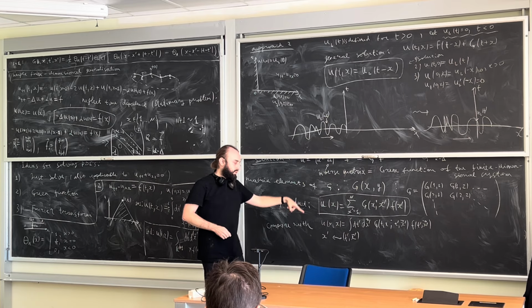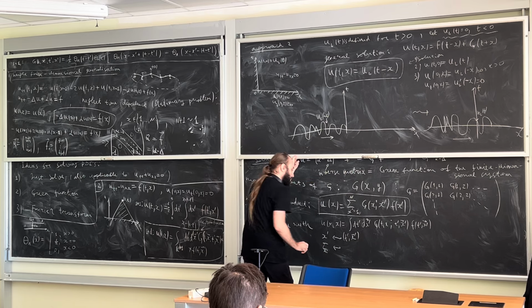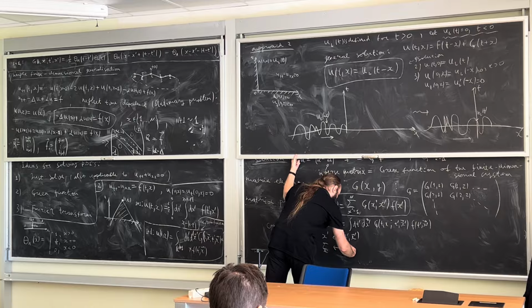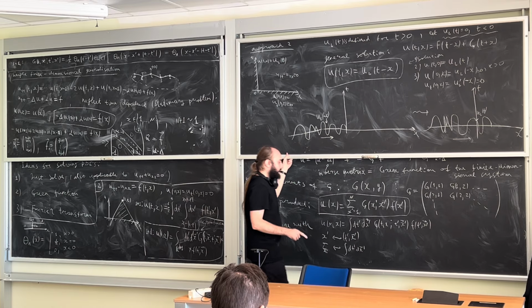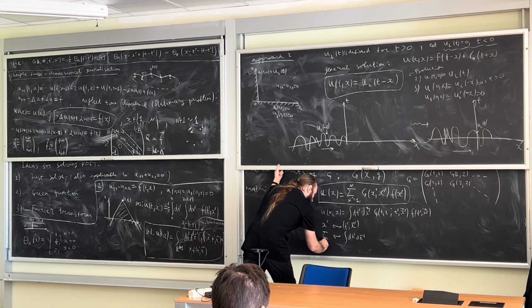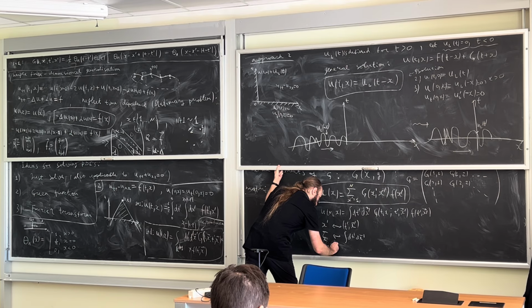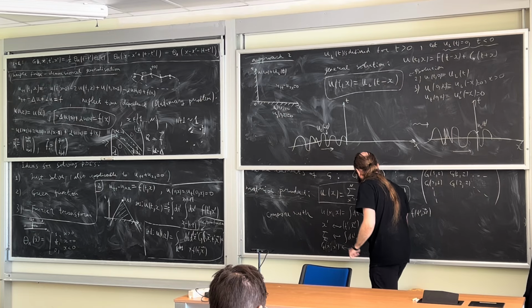Sum corresponds to integral, and Green function corresponds to Green function. So G of x, x prime corresponds to the Green function.